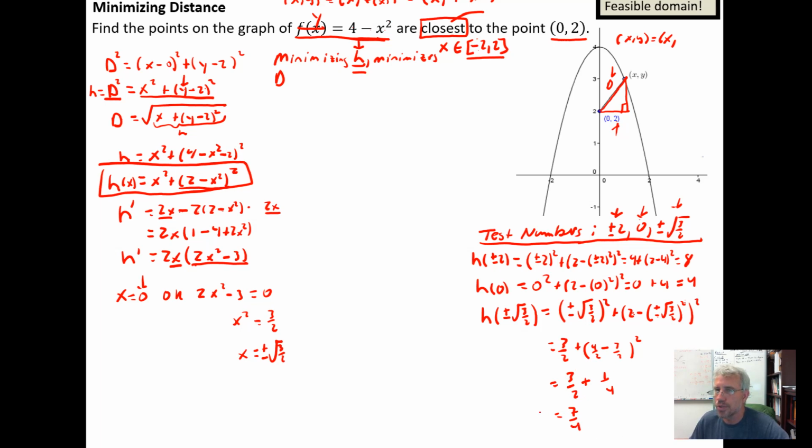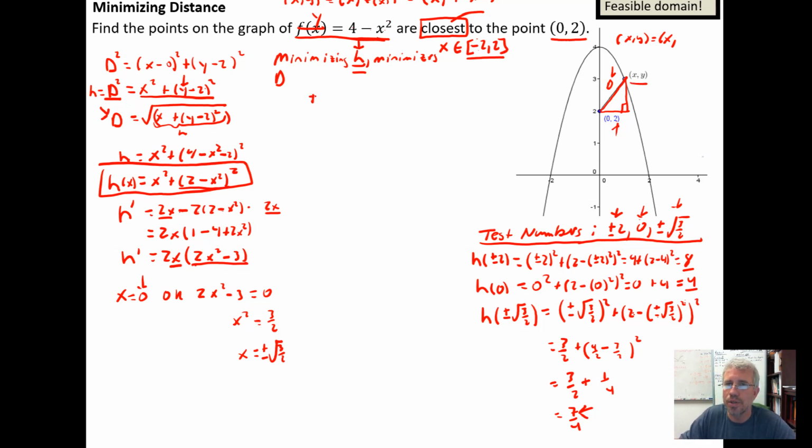So 7 fourths, when we look at it, 7 fourths is definitely the smallest of 7 fourths, 4, and 8. So plus or minus the square root of 3 halves generated the smallest value of h possible. And because h is the number under the square root sign, that generates the smallest distance possible. So plus or minus the square root of 3 halves minimizes the distance d from the point x, y to 0, 2.